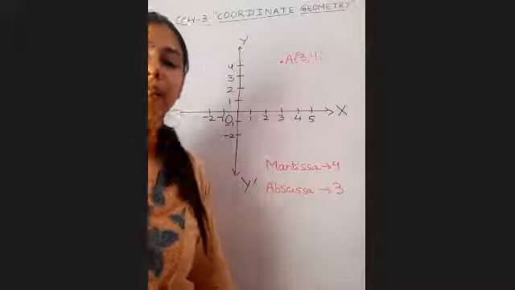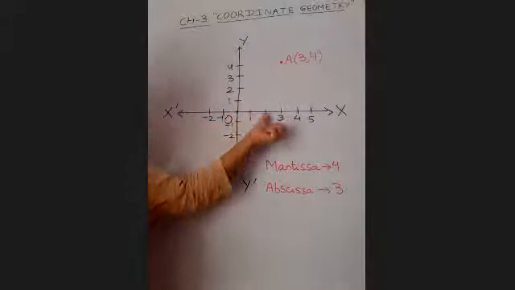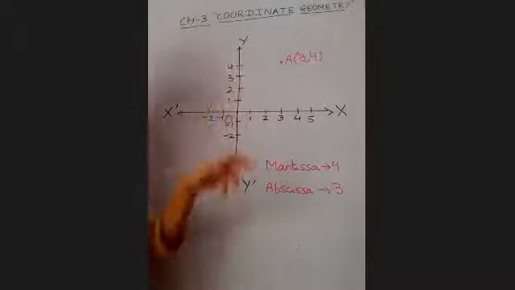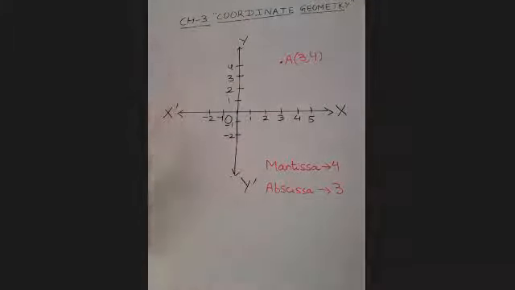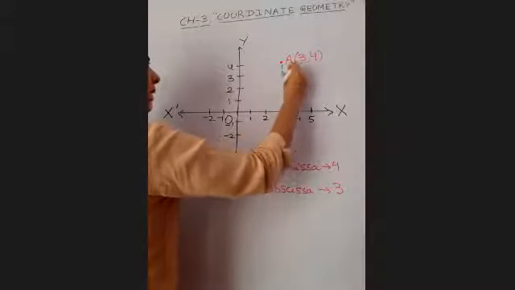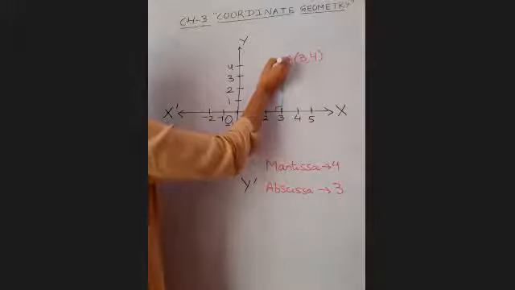Let us understand this. I have plotted A at 3, 4: 1, 2, 3, 3 units here, and 1, 2, 3, 4, 4 units here. Now I'm drawing perpendiculars on both the axes.